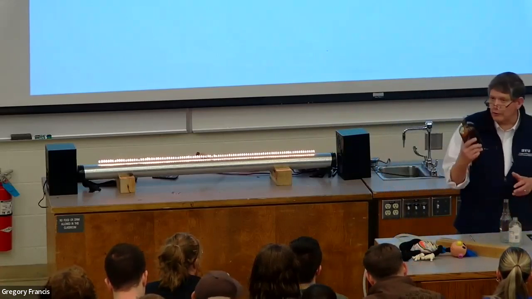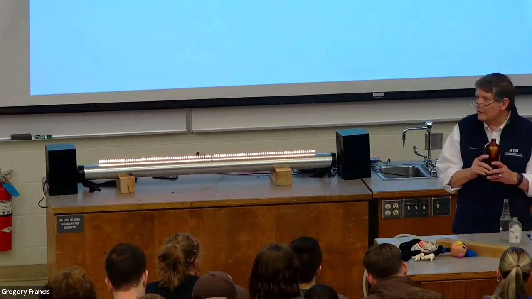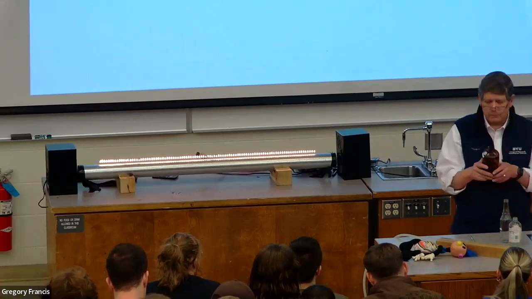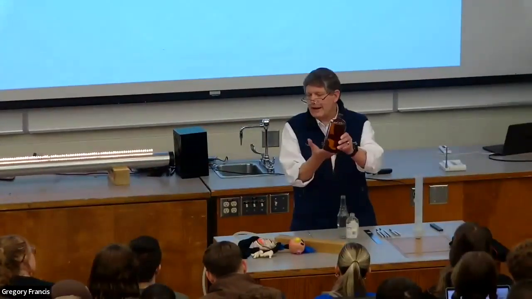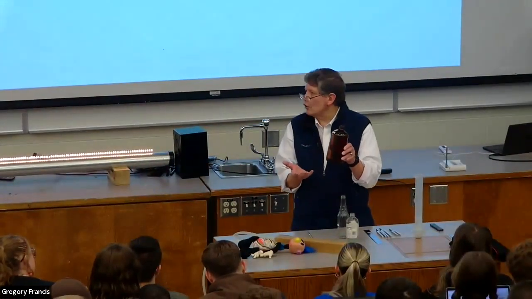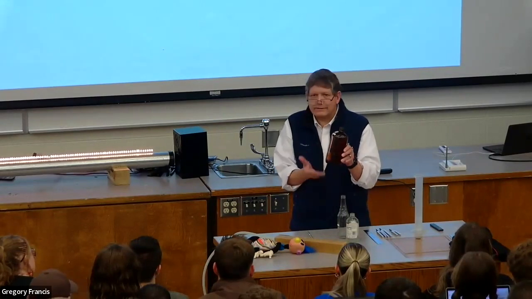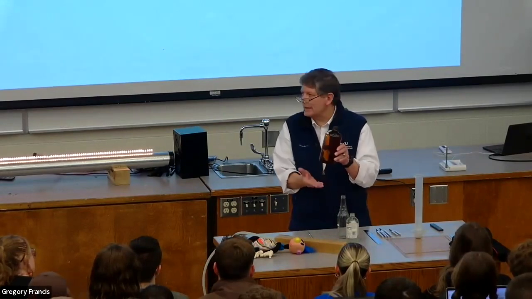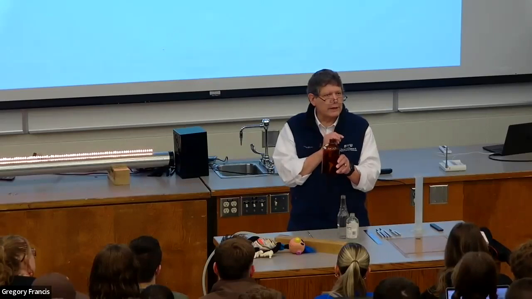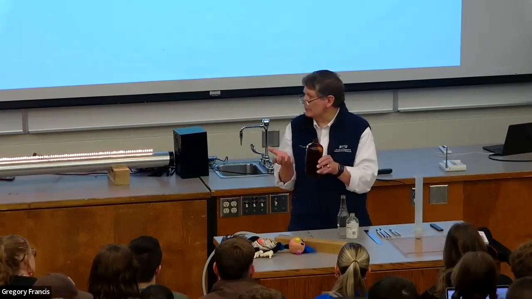Now, I could also excite other harmonics in here. What we find is that if I have a closed end at one end, that's going to be a node. My molecules can't go anywhere. They can't vibrate against that solid surface. But the open end is going to be an antinode.